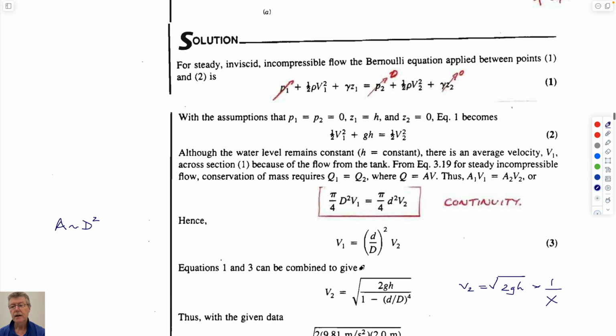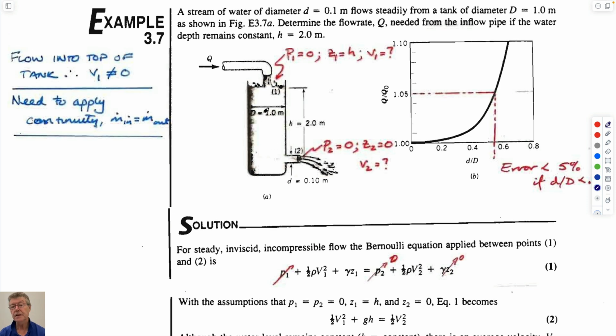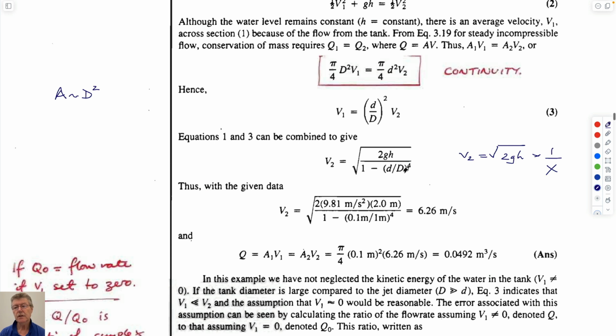Doesn't matter. But if D goes to infinity, infinite tank size, then this goes to 0. This is 1 minus 0, and this just reduces to this. If it's not that case, then we have to account for that, and we accommodate it by using continuity between upstream and downstream.